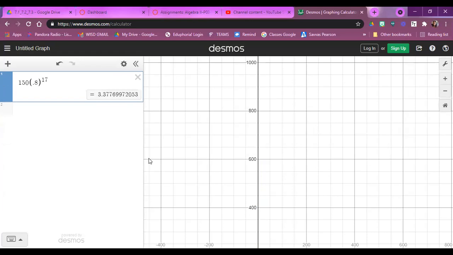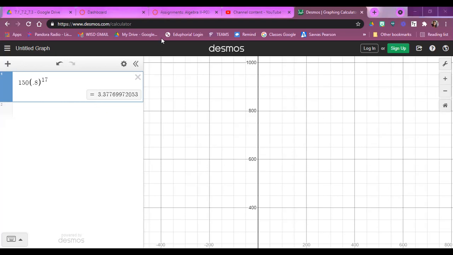3, and we're going to say, so there were 150 lynx in the world. According to this formula, after 17 years, how many lynx are going to be left? 3.